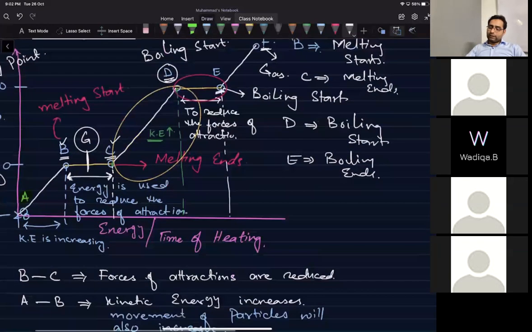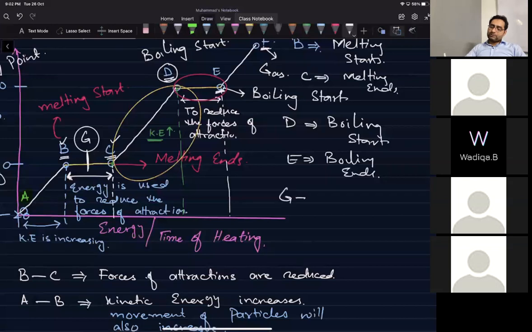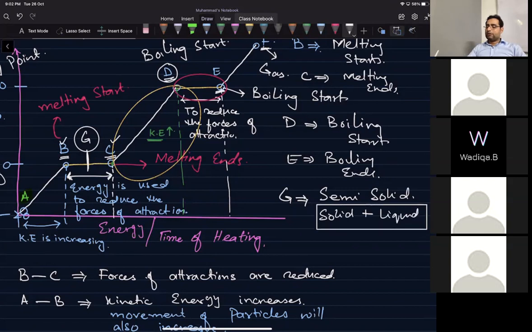Yes, you're right. At point G, we use a specific term to explain solid and liquid. We call it semi-solid. Semi-solid means half is solid and half is liquid. Both things are present.